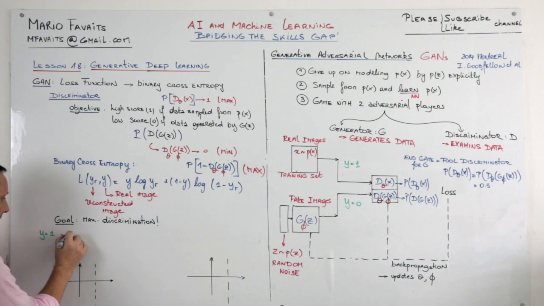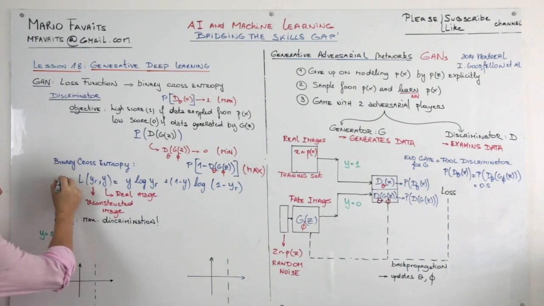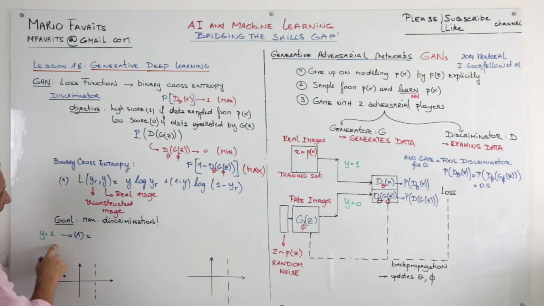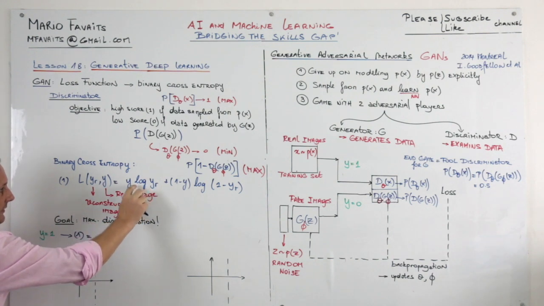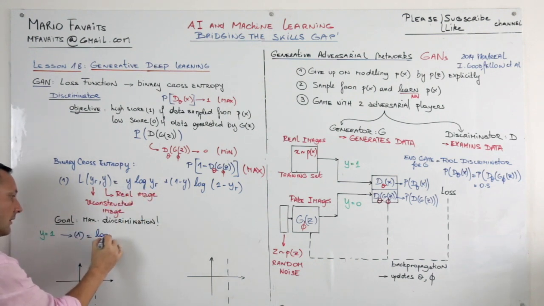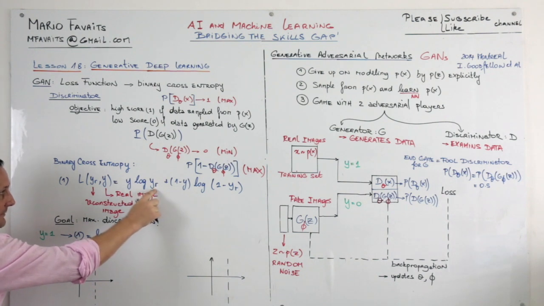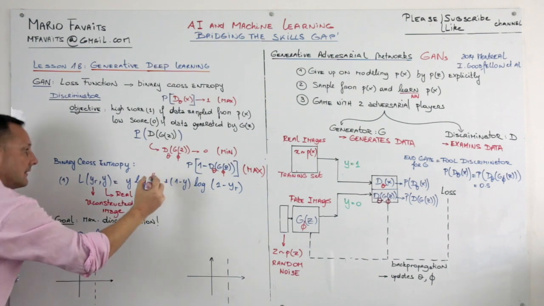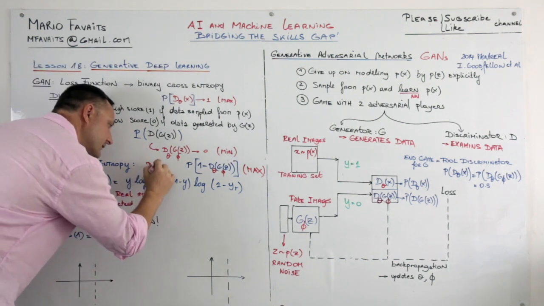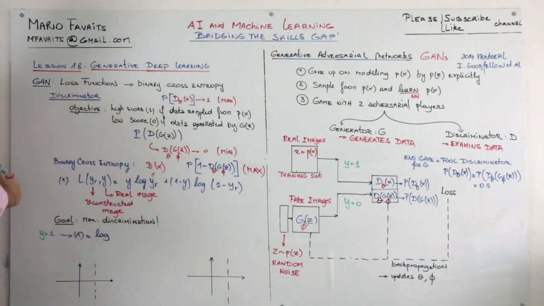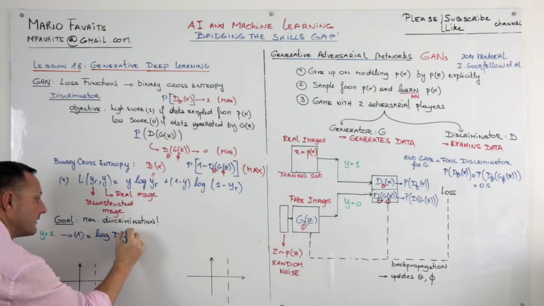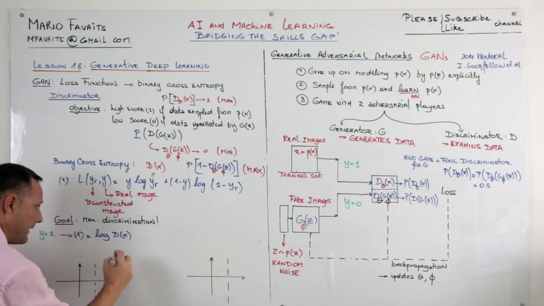In that case, let me call this formula 1. Formula 1 becomes, if y is 1, then this will be 0, and this will be log of the reconstructed image. And the reconstructed image in our case is basically d of x, parameterized by theta. So that is log d of x parameterized by theta.